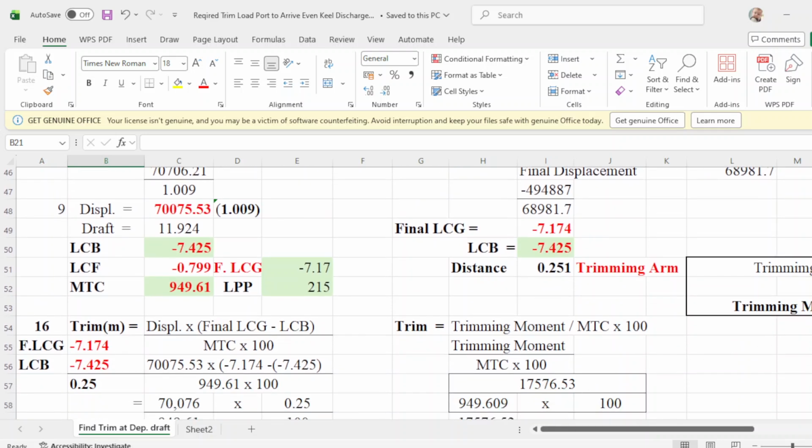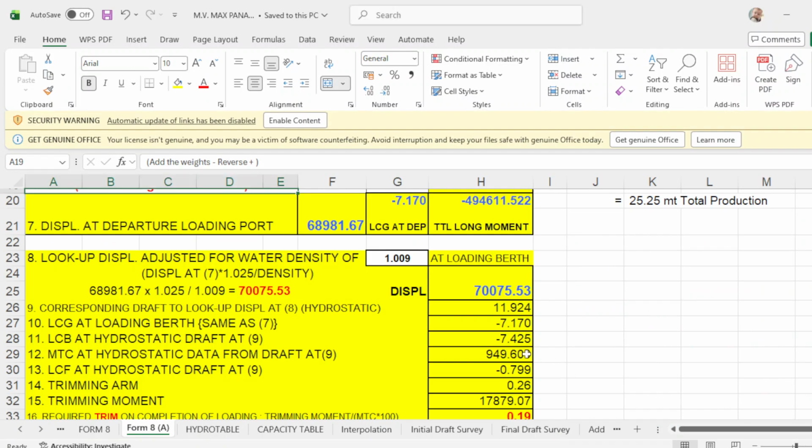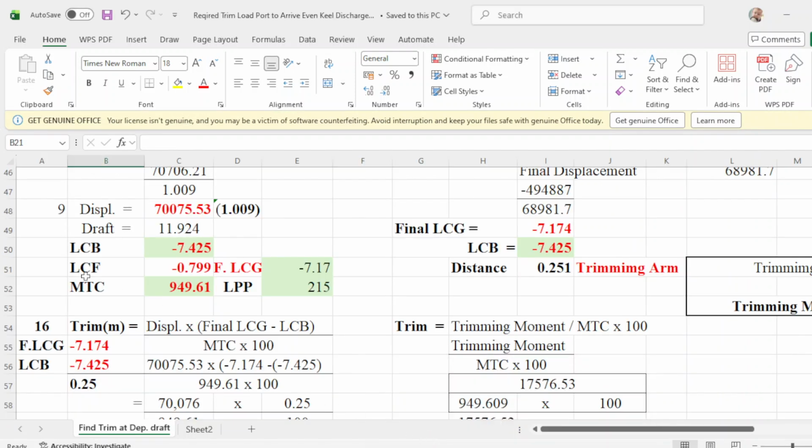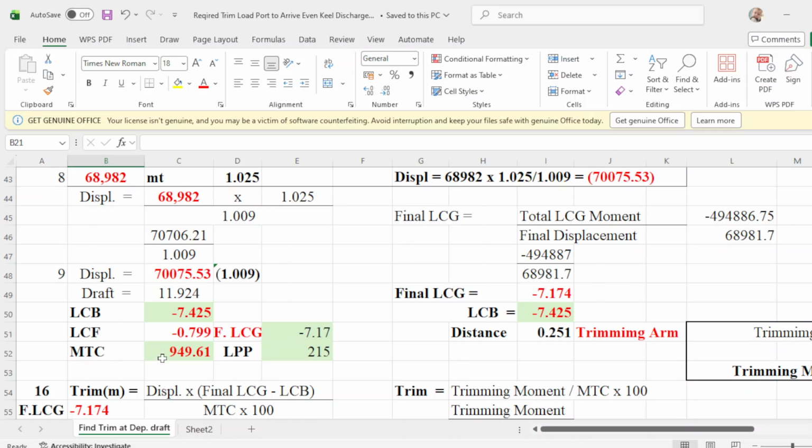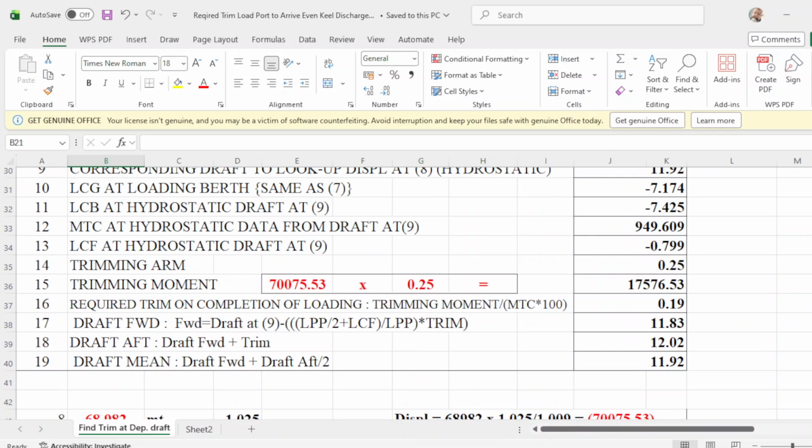That's your LCF. MTC is 94961, 949.61 or 609, it's already rounded up.